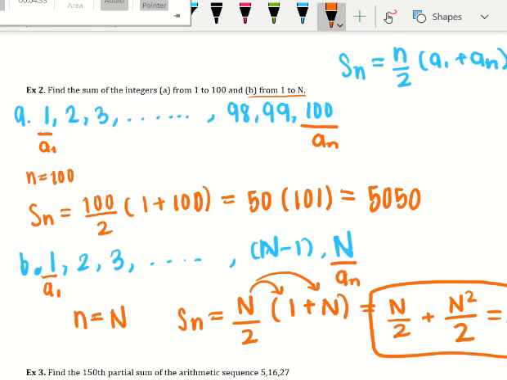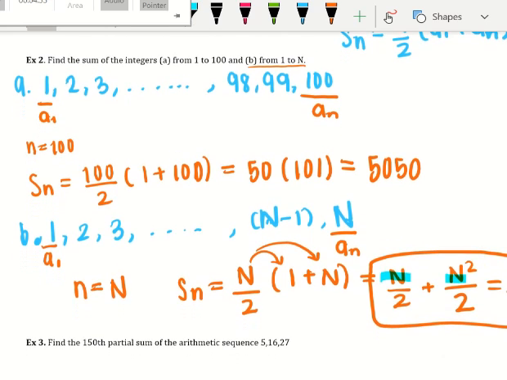Okay, and what is really cool about this last formula that we found is, in other words, if I want to now find all the terms between 1 to 50, I could just plug in 50 for the n here and here. So that's the cool part about that formula.